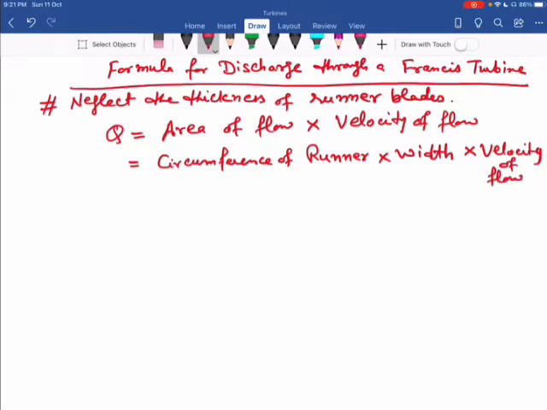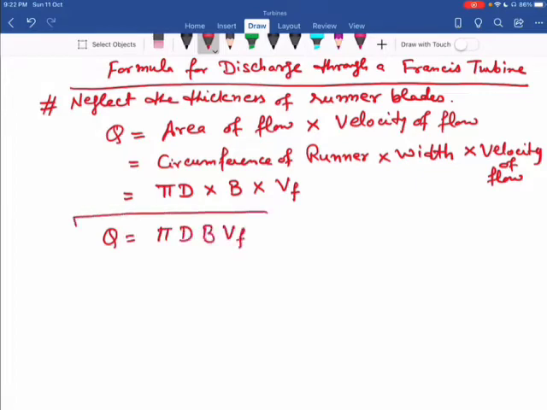Now the circumference I can write as pi d. Width of the runner I can write as b, and the velocity of flow that I can write as vf. Okay. So the discharge formula I can write as pi d b into vf.